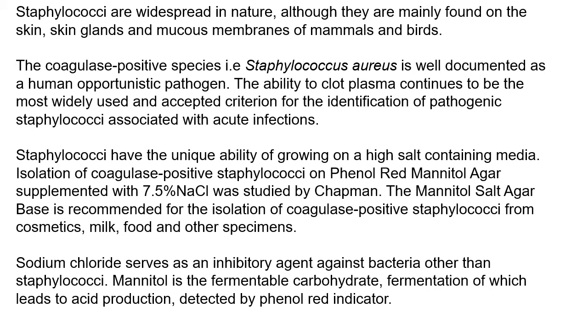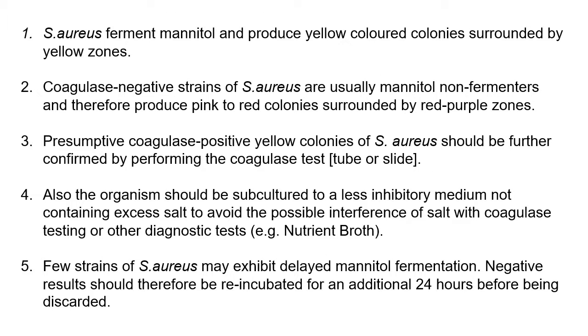When acid is produced, the phenol red indicator changes the color to yellow. That's how we interpret that yes, the culture is positive and it is Staphylococcus aureus. Staphylococcus aureus ferments mannitol and produces yellow colored colonies surrounded by a yellow zone, and that's the reason why even the media turns yellow.